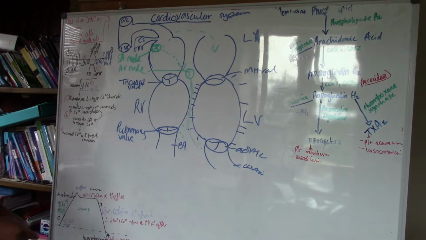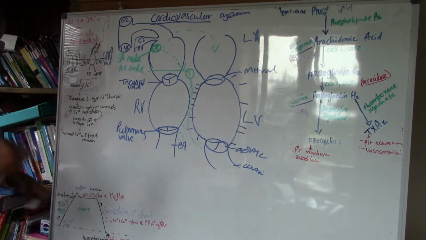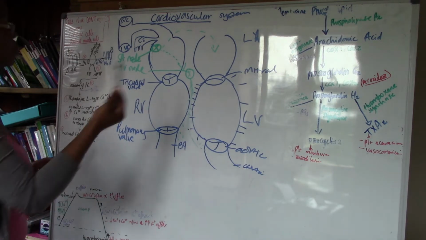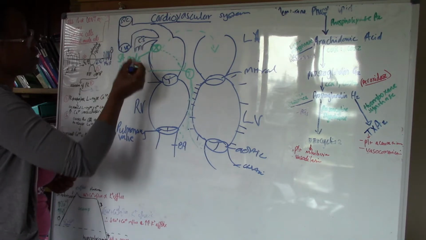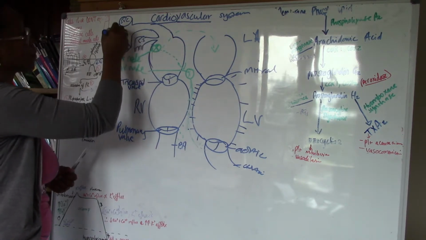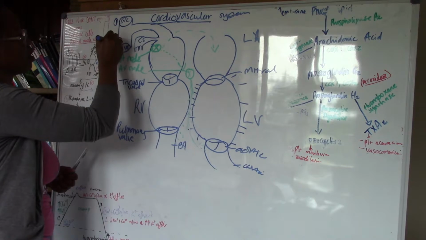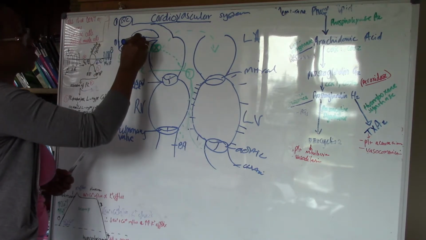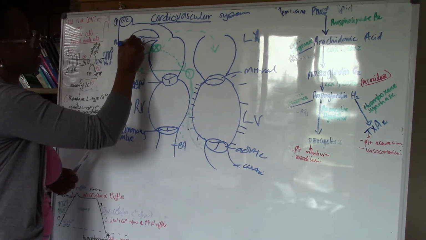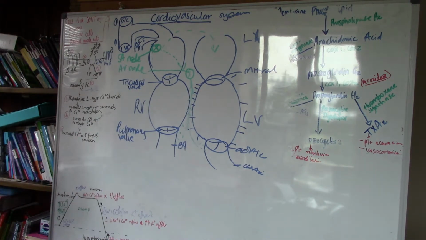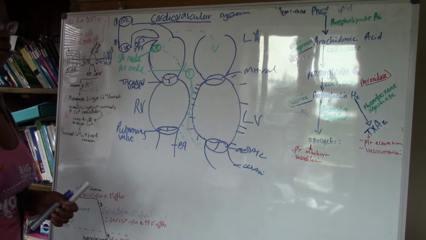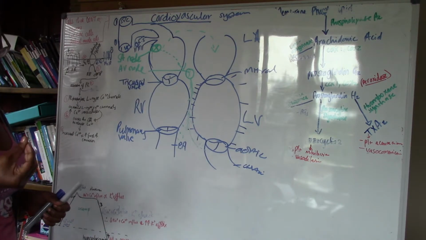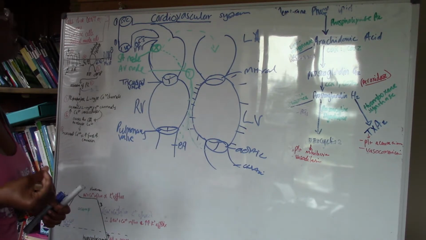So now we can safely say that there are three sources of deoxygenated blood that enter the right atrium. Number one is the superior vena cava, number two is the inferior vena cava, and number three is the coronary sinus. I know it really is a side note, one of the veins, I think it's the small one, or is it the medium one?